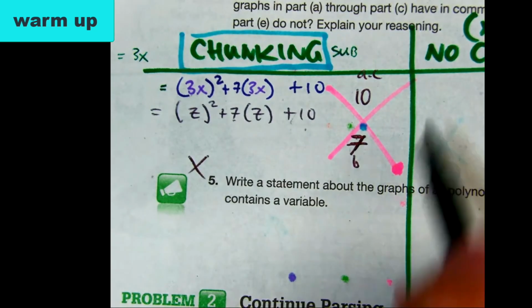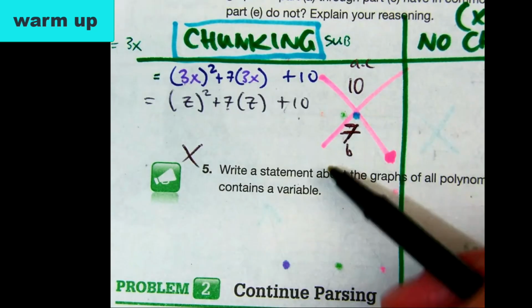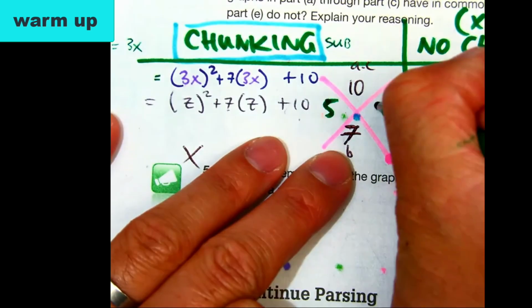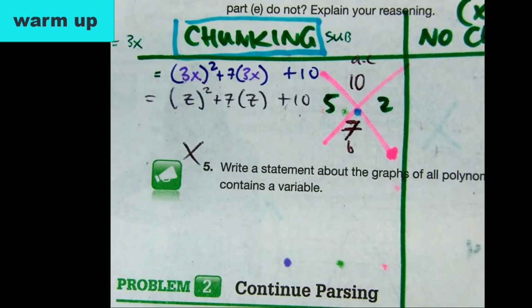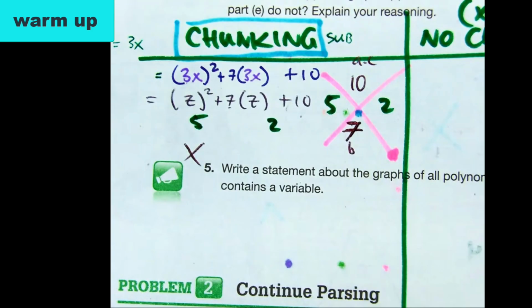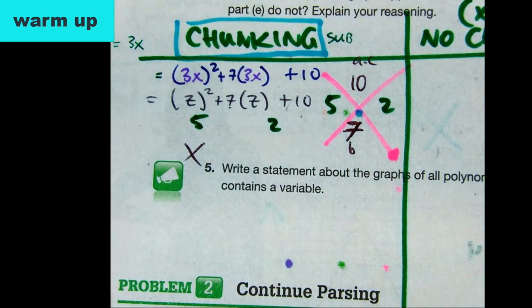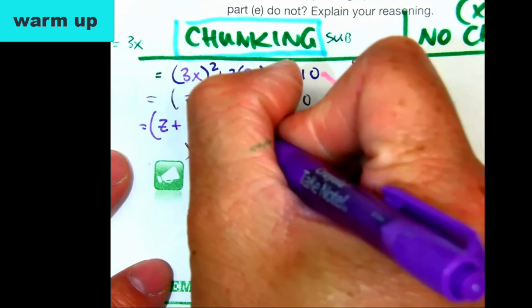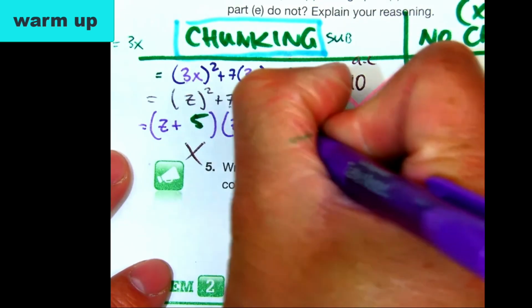Two numbers that multiply to be 10, but add to be 7. 5 and 2. So I would write the 5 and the 2. So now I have z plus 5 and z plus 2.